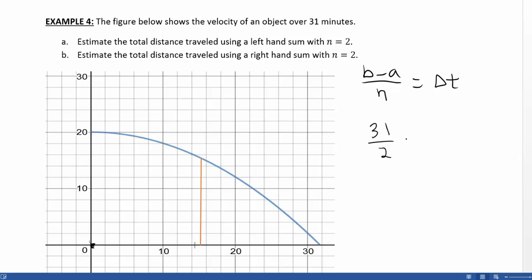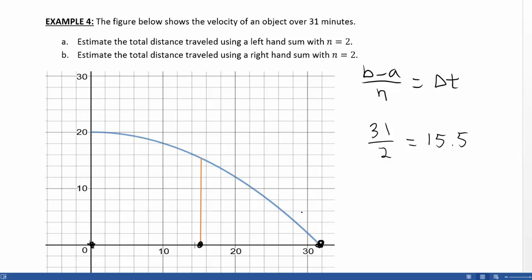My n is 2, which means my delta t is 15.5. So that means I'm counting by 15.5s, right? That's a little weird. So I'm starting at 0, and then 15.5, and then 31, right? So that's how I'm counting. And if I want to use n equals 2, that's how I have to split it up.